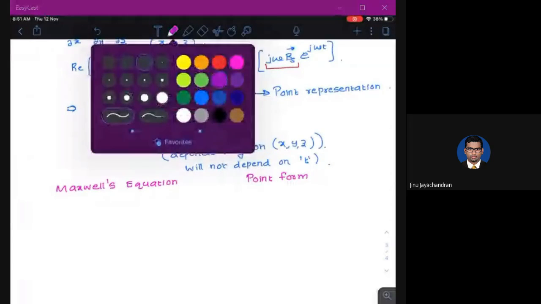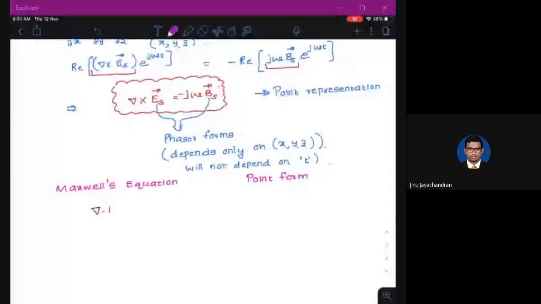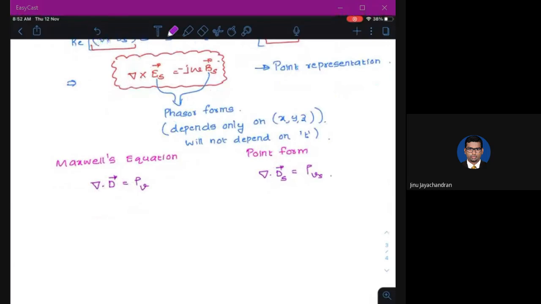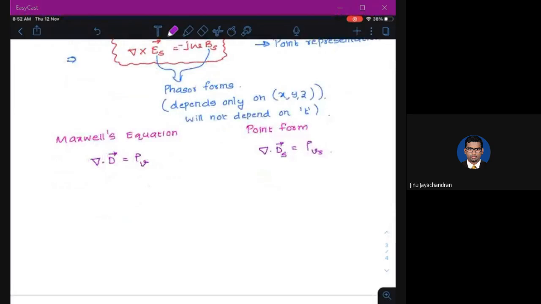The first one is del dot D is equal to rho V. There is no differentiation or integration, so I can directly write this as del dot Ds is equal to rho Vs, if rho is dependent on time and space. Next is del dot B is equal to 0. Again, there is no integration or differentiation, so I can directly write del dot Bs is equal to 0.